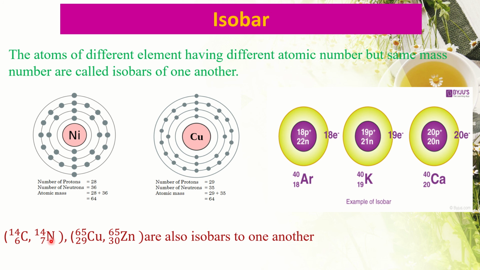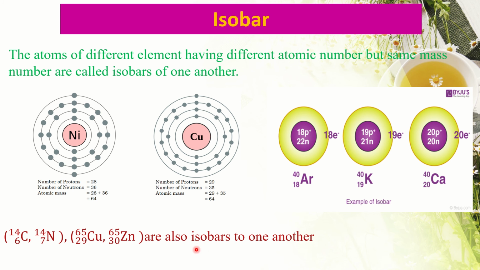carbon 14 and nitrogen 14, here their atomic numbers are different, they are different elements, but their mass number is the same, so they are isobars of one another. Copper 65 and zinc 65, their mass number is the same, so they are isobars of one another.